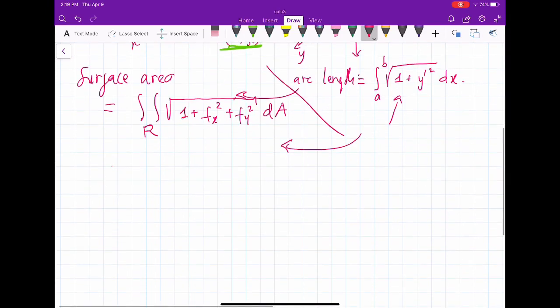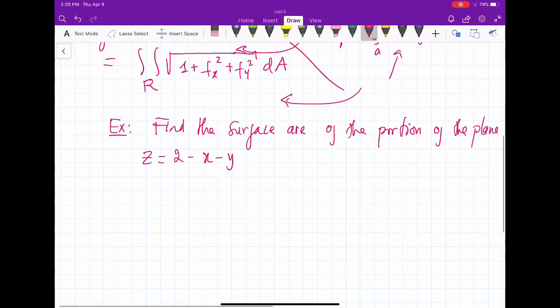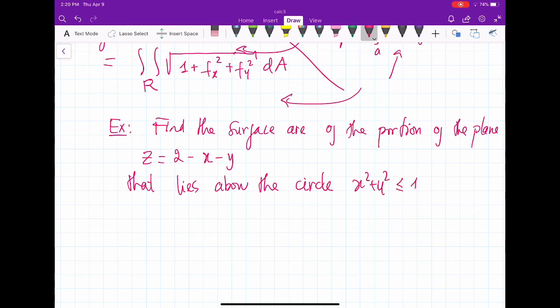And let's consider the following example. They ask us to find the surface area of the portion of the plane z equals 2 minus x minus y that lies above the circle x squared plus y squared less than or equal to 1 in the first quadrant.